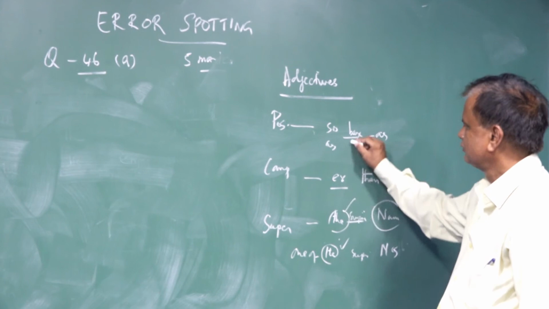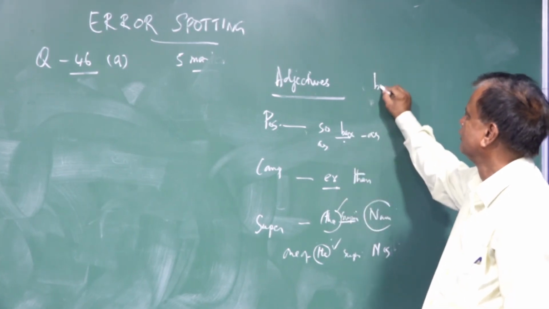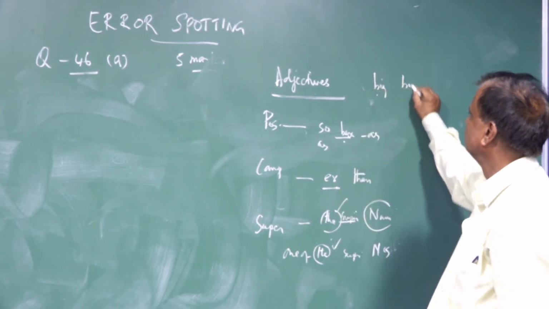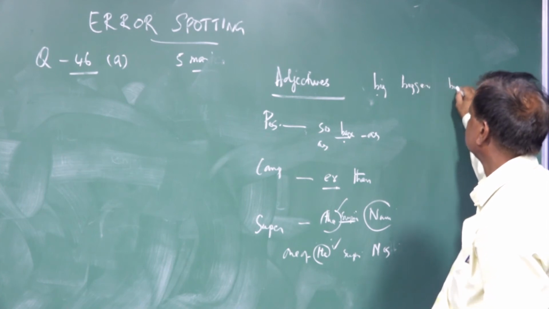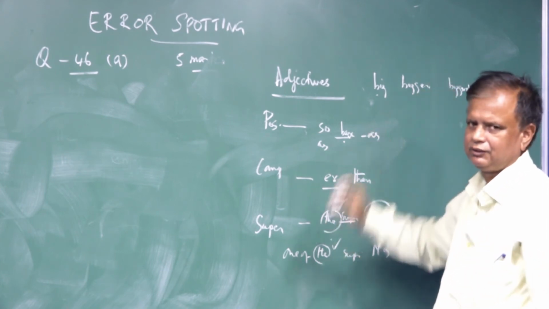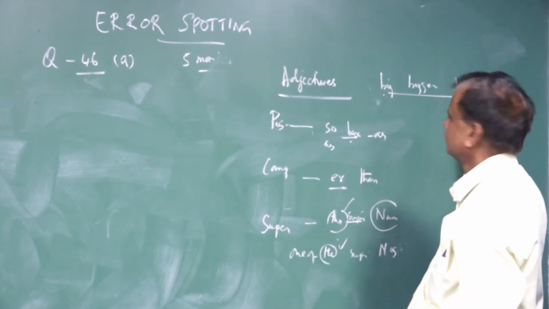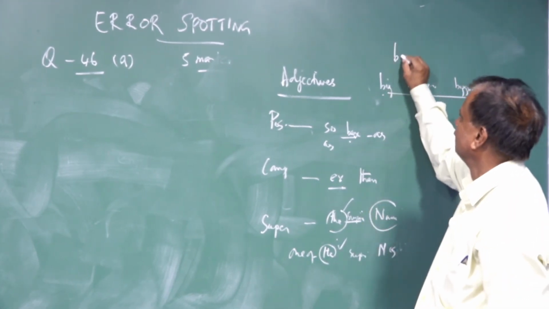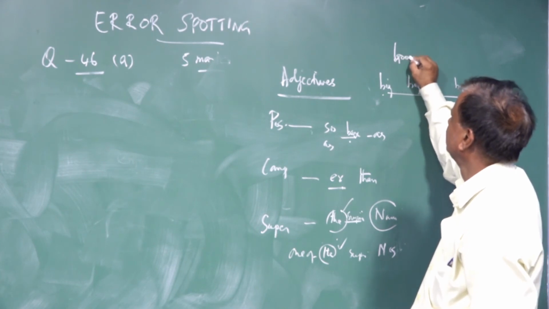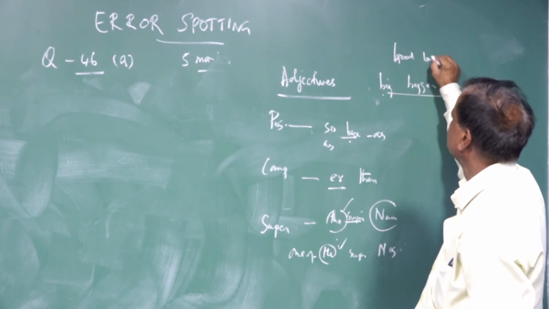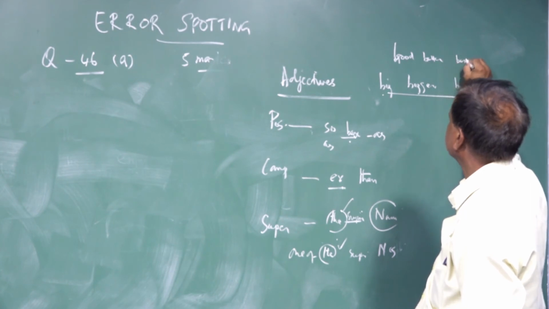This vocabulary should be known. For the base big, it is bigger, biggest. These all you should have studied in the 6th, 7th, 8th standards. You should be thorough with these. For good it is not gooder, it is better, it is best.